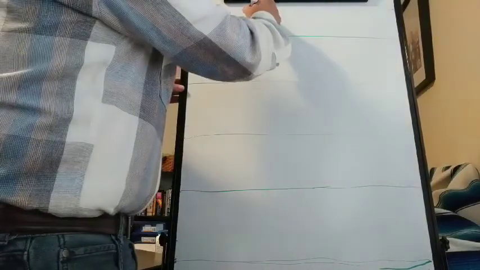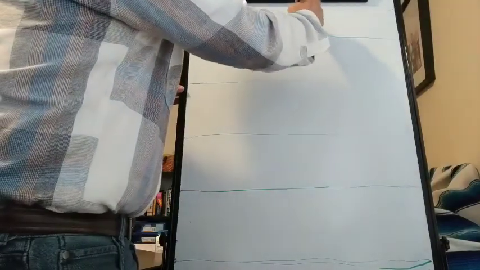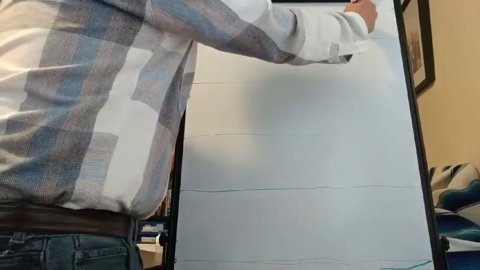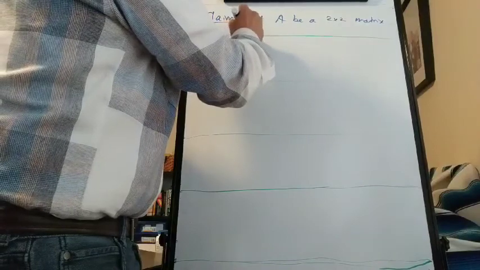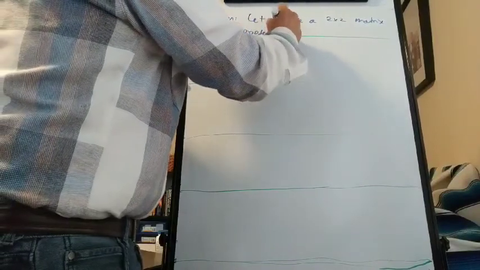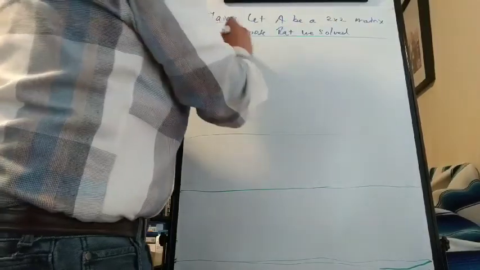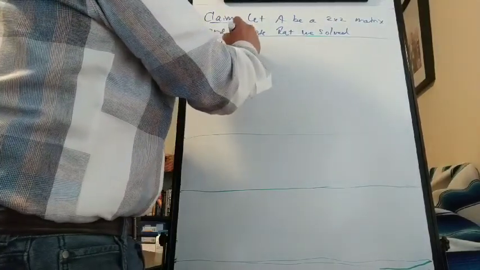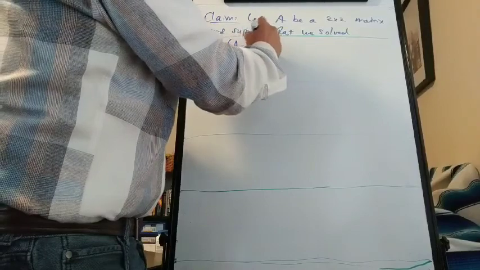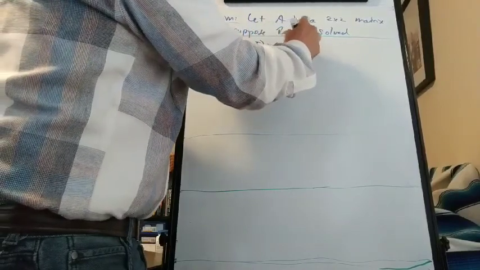So let's let A be a 2 by 2 matrix, and suppose that we solved the characteristic equation determinant A minus lambda I equals 0 for lambda.